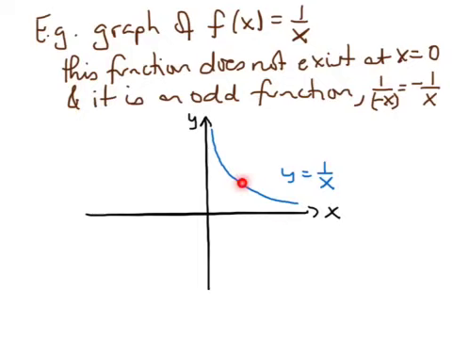To get it for negative x, we can flip it to here, so we'd have something that looks like this. And then we can flip it about the x-axis, so the curve that looks like this here goes to here, up here goes to down here, and we're going to get a curve that looks something like this.